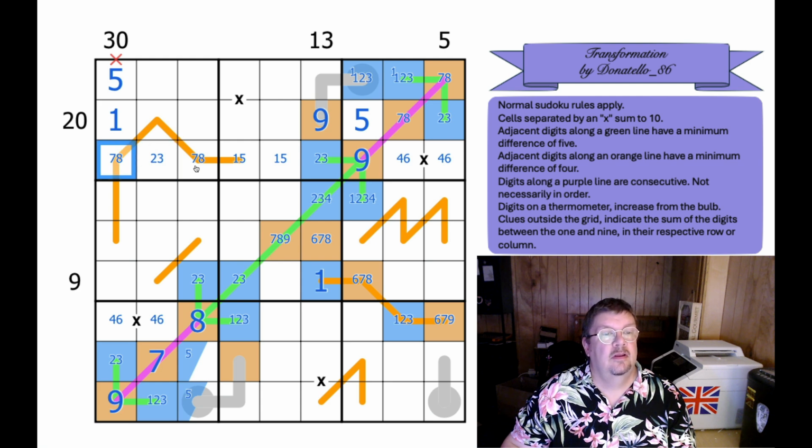Given that this has a 7 on it, this must also be from 2 or 3, because I can't put a 4 there because one of those is 7 and 4 is only 3 away from 7. So that gives me a 2-3 pair in the row.